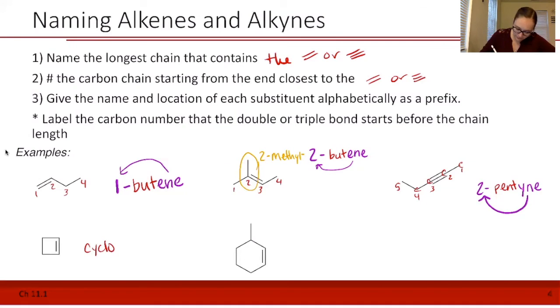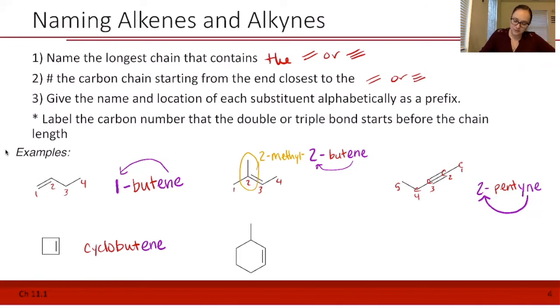So in this case, we have 4, so cyclobute, and then we just change our ending. So it's an ene. Cyclobutene is the name of this molecule. We do not need to say number 1 or number 2 for this particular one because there's only one thing. It has to be at the number 1 position by definition.